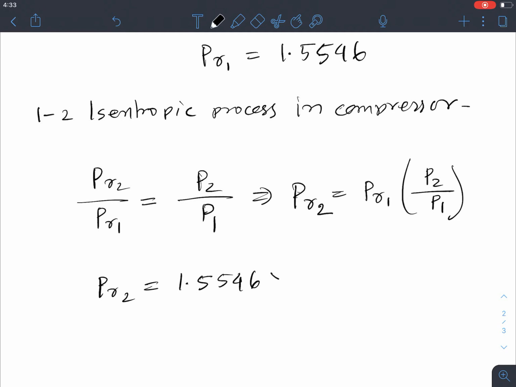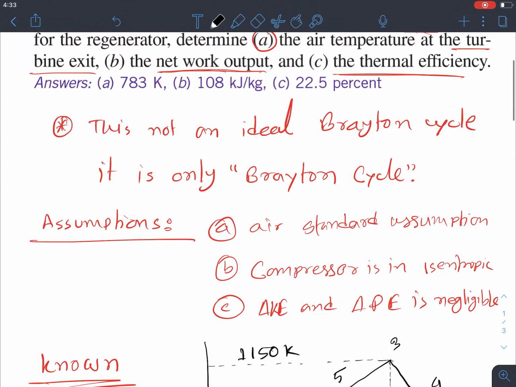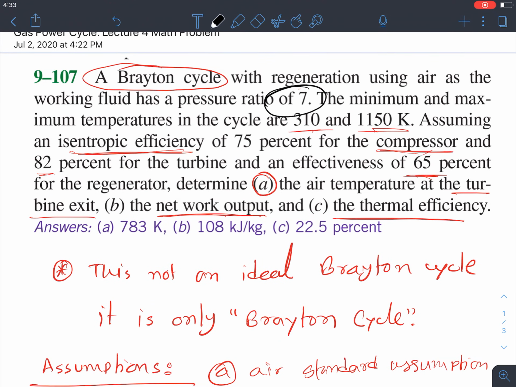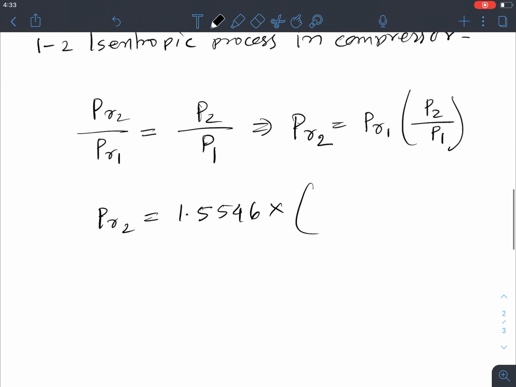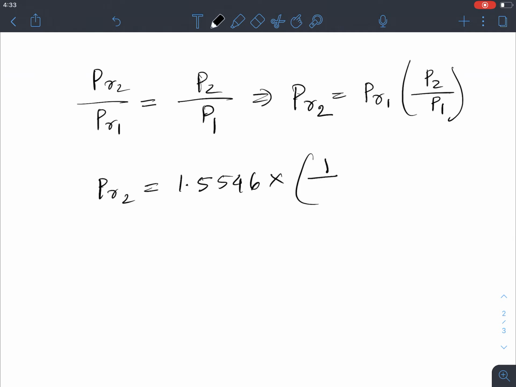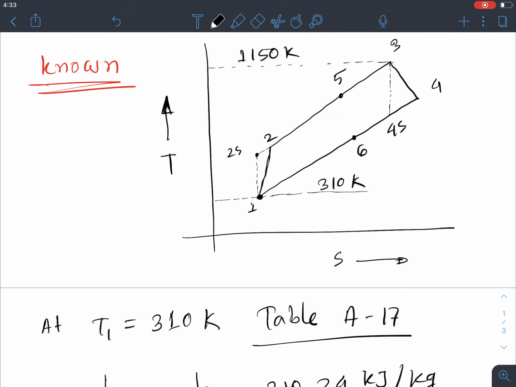The pressure ratio for this problem is given right here: 7. So PR1, which we got as 1.5546, times the pressure ratio 7, gives the relative pressure at 2, which equals 10.88.